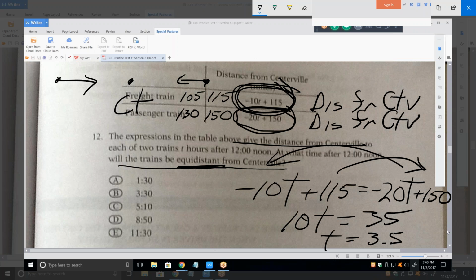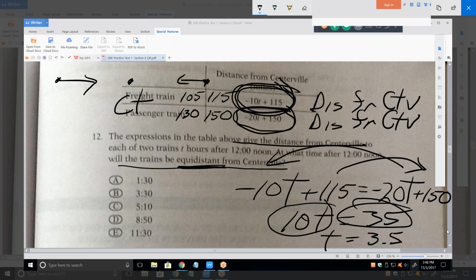Well, if I want to move the negative 20t to the left side of the equation, I just have to change its sign. So now I have minus 10t plus 20t, that gives me 10t. Same thing with the 115. If I want to move it to the right side, I change its sign, add it to 150, and I get 35.